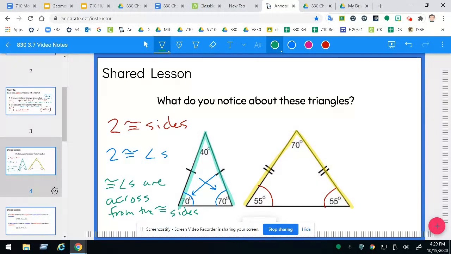And vice versa, right? I could draw it this way in the other one. The congruent sides are across the triangle from the congruent angles. I feel like that has to be important, and it is. That's the basis of our theorems in today's lesson.